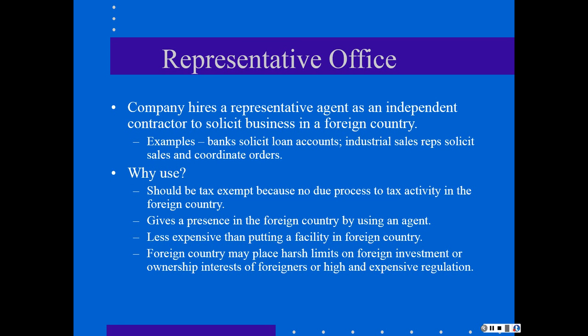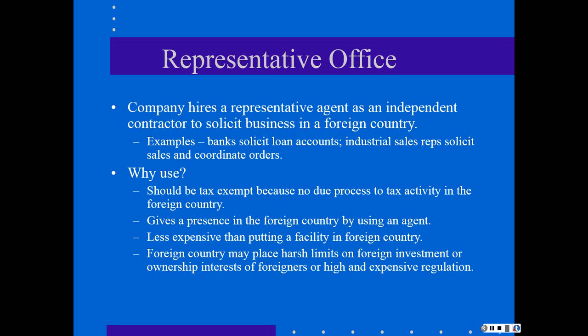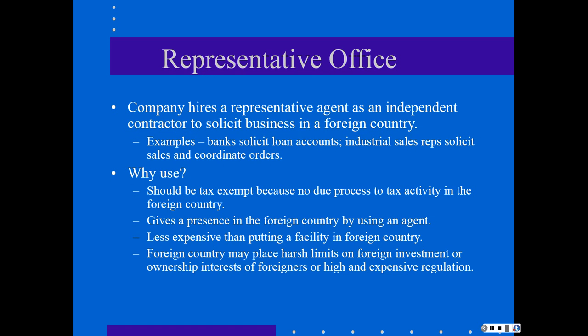And recall that constitutionally, due process requires fairness, and that will require a nexus with the foreign country, a physical presence. The second thing, it gives presence in the foreign country. When you have agents, you have a presence. It's a low-cost presence, but it's still a presence.